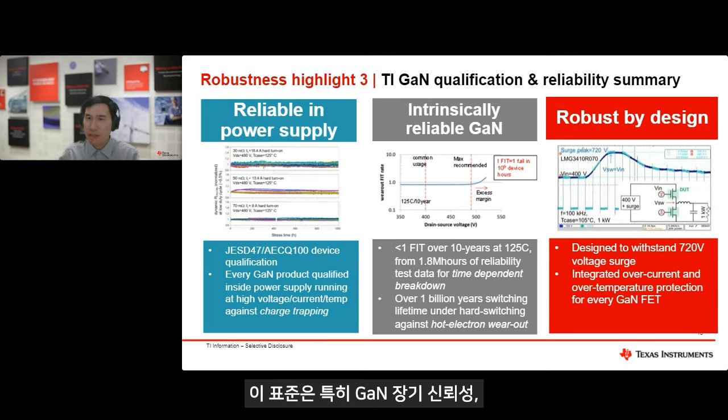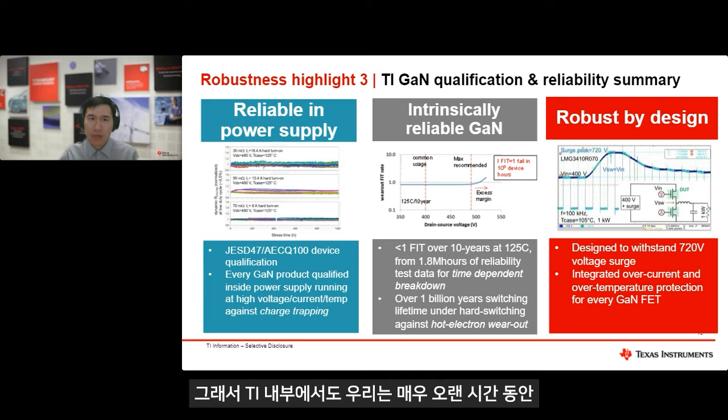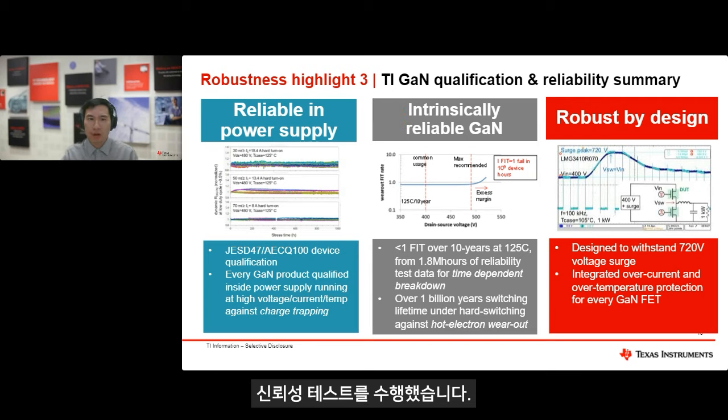These include GaN long-term reliability, the different failure mechanisms, and also the dynamic RDS(on). Inside TI, we have also done reliability tests for a very, very long time, and the failure rate of our device is very small.